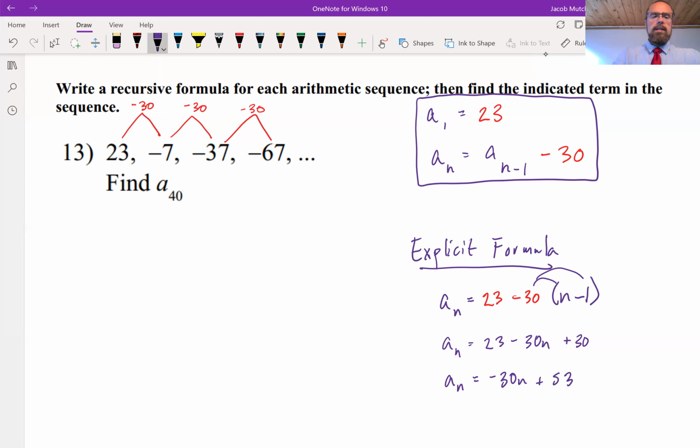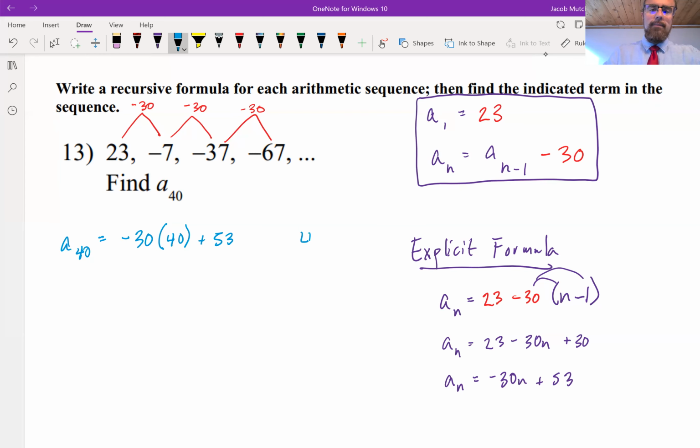So now I want to use that to find a sub 40. A sub 40 equals negative 30 times 40 plus 53. So again, I'm using the explicit formula instead of the recursive one to find that 40th term. And we'll just calculate here.